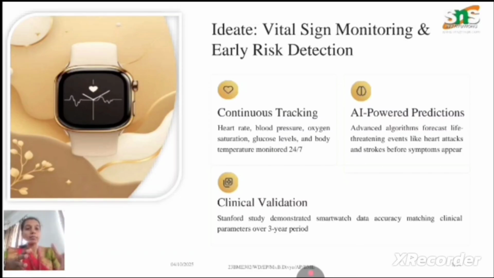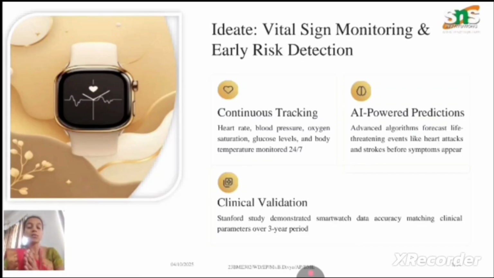And then AI-powered prediction: as I told you already, advanced algorithms are used to identify symptoms in the early stage itself.